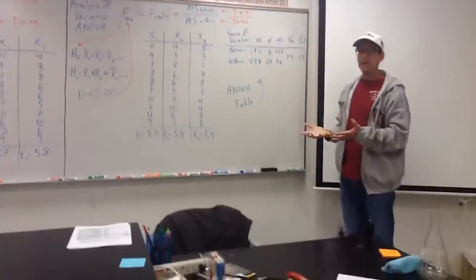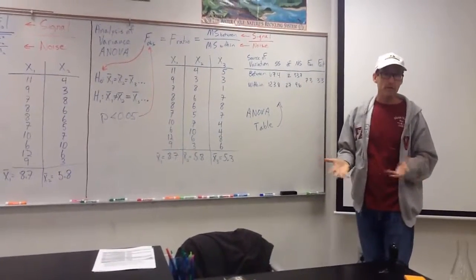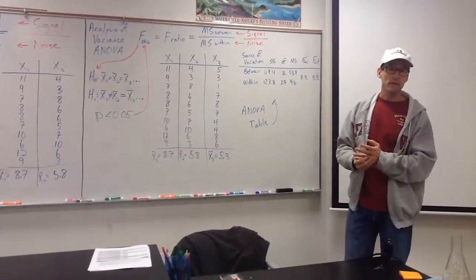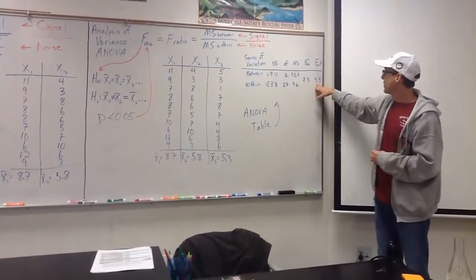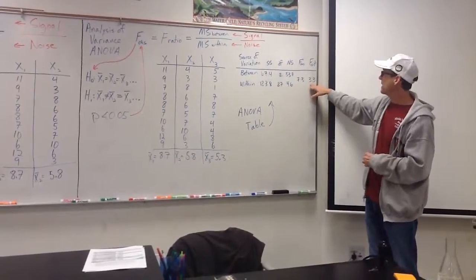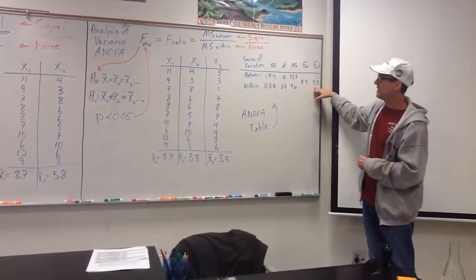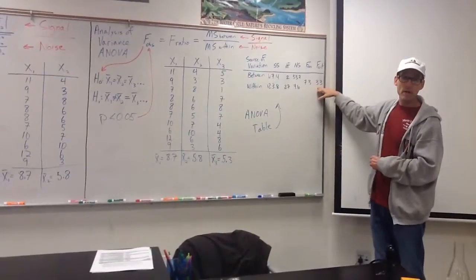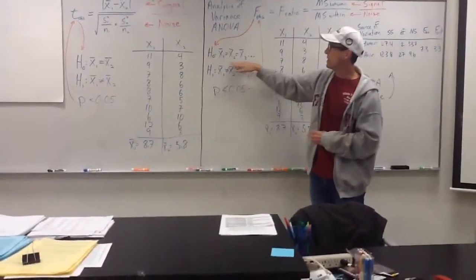Now, when you do an ANOVA in, say, a spreadsheet program like Excel, or if you find an ANOVA calculator online, and there are many of them that do this, you often will also be given the critical F value. And so this is a number that will be generated 1 out of 20 times if this relationship is true.